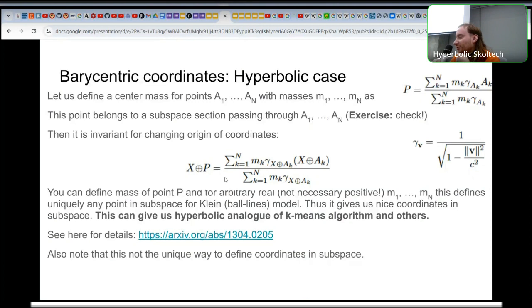Actually, the visual thing about conformal models is very clear. They are very intuitive, but somewhat curved.